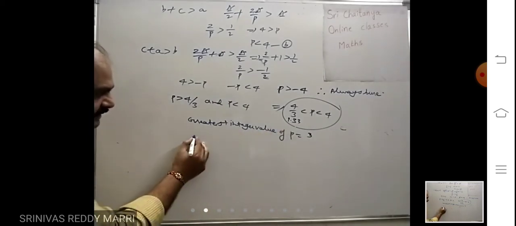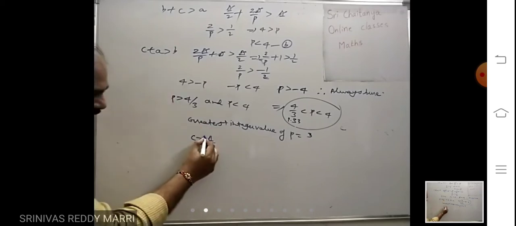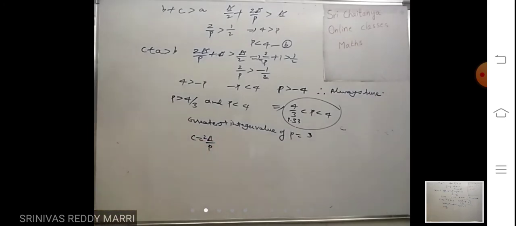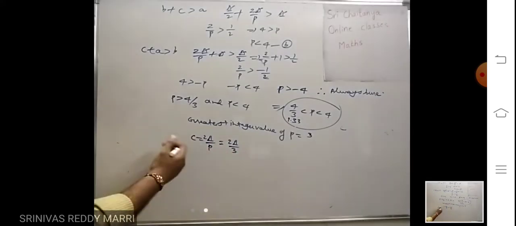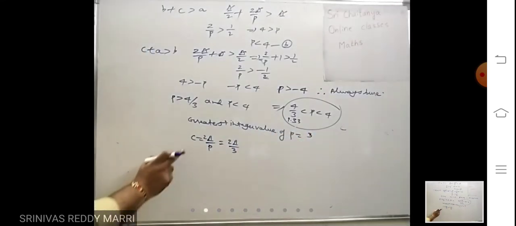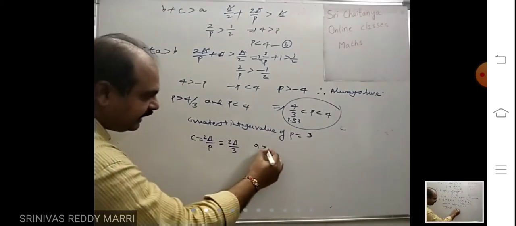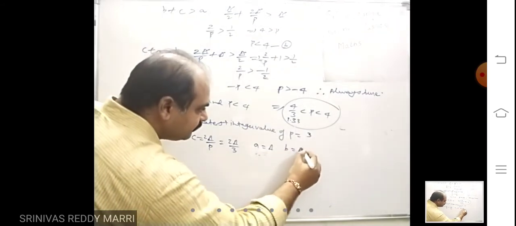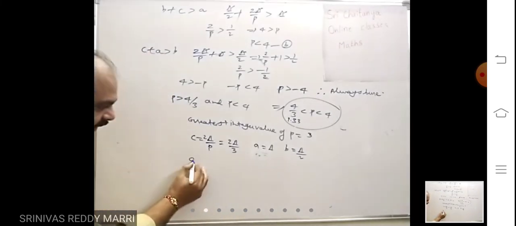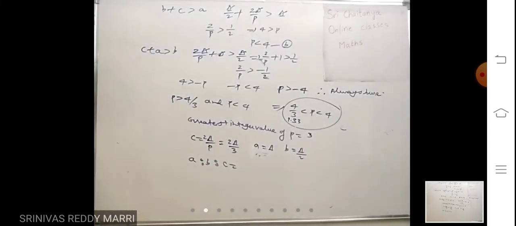Now look at, for this value, you will get C. C is what? 2 delta by P. If P equal to 3, what is the side C? 2 delta by 3. A is delta. So B is delta by 2. Now I am calculating A is to B is to C, the ratio of the sides.